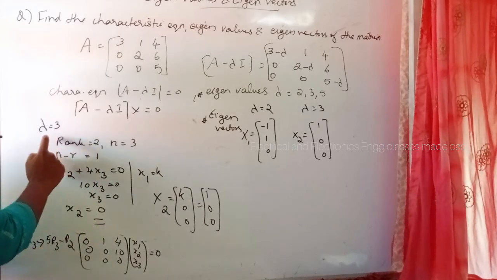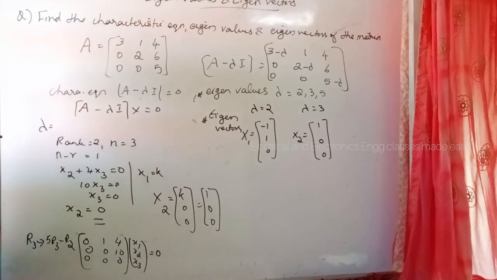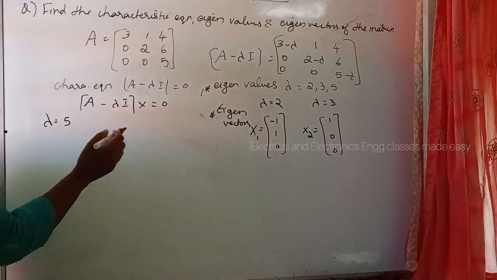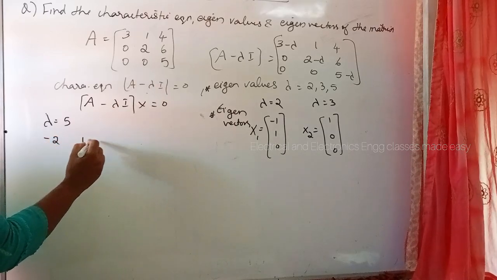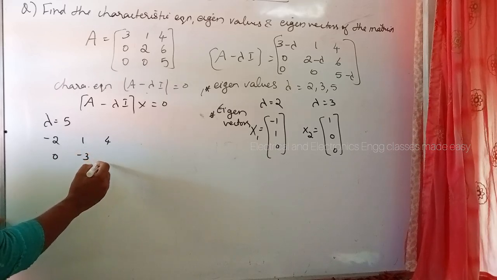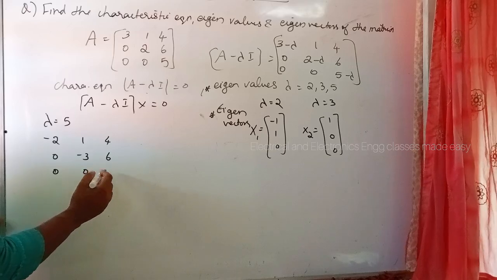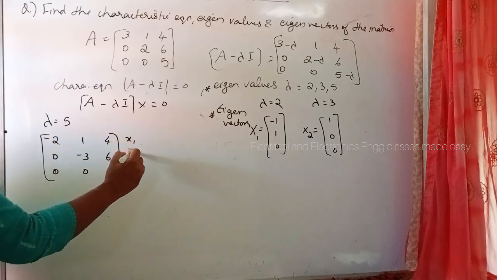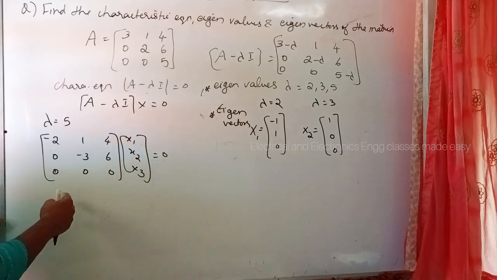Now we have to find the eigenvector corresponding to lambda equal to 5. When lambda equal to 5, this will be 3 minus 5, that is minus 2, 1, 4, 0, 2 minus 5 is minus 3, then 6, 0, 0, 5 minus 5 is 0, into x1, x2, x3 equal to 0.